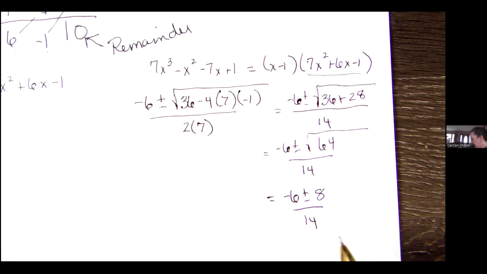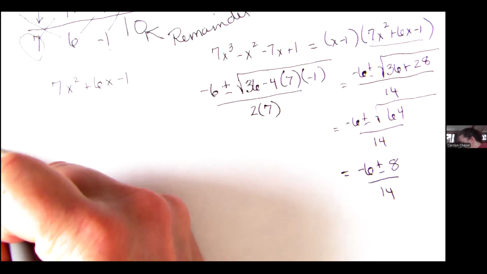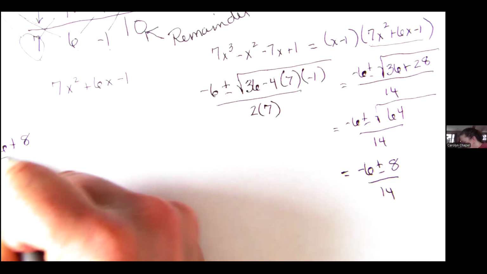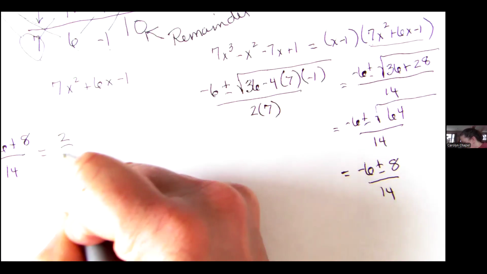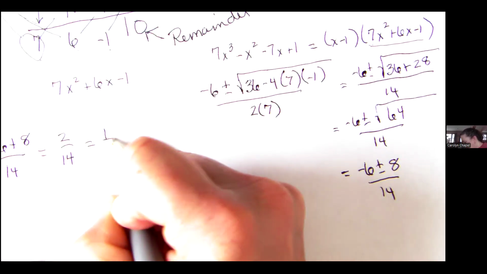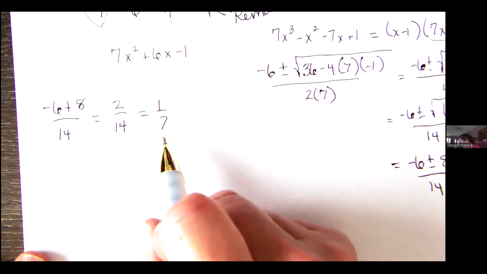So now doing those two values, I'd have -6 plus 8 over 14, which is 2 over 14, which is 1/7. Notice that is one of those values that we said could be a possibility.